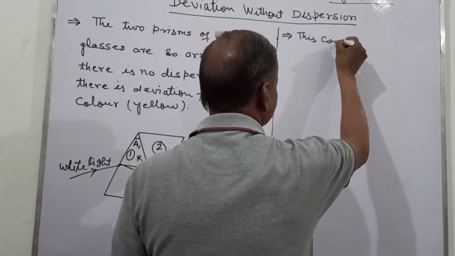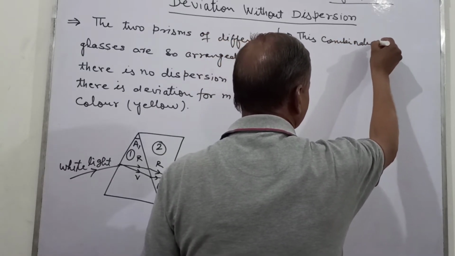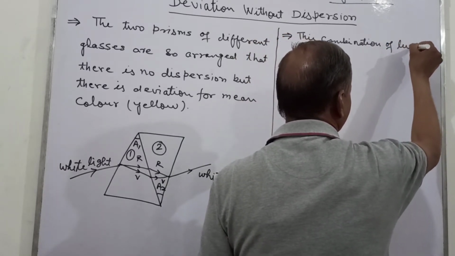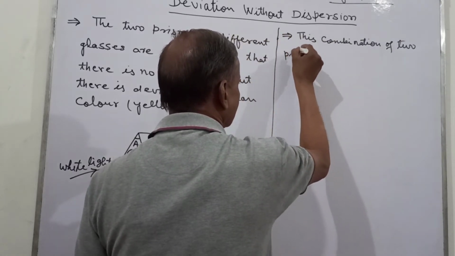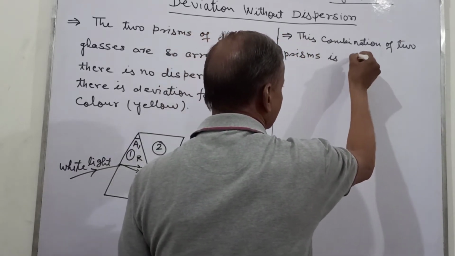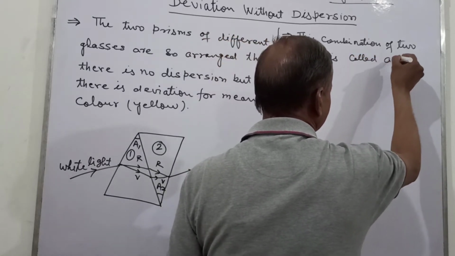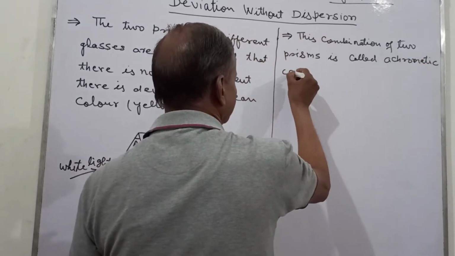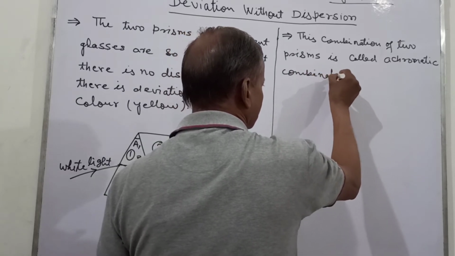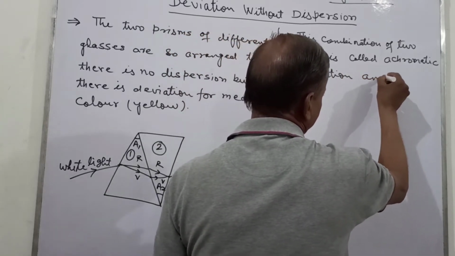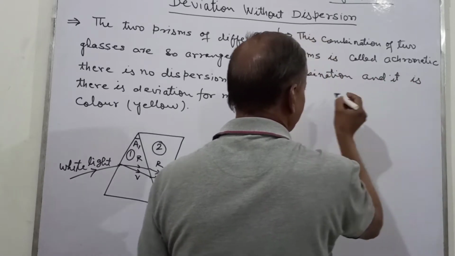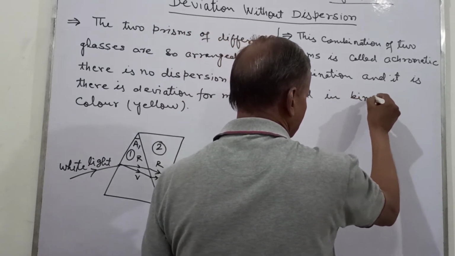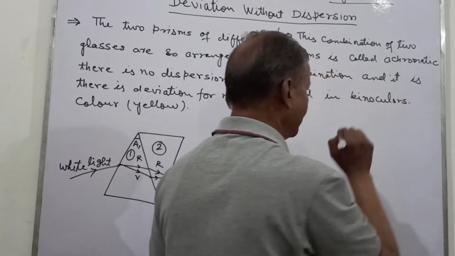This combination of two prisms is called an achromatic combination. And it is used in binoculars.